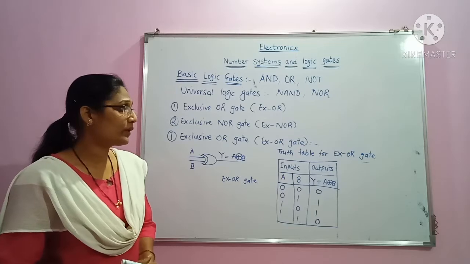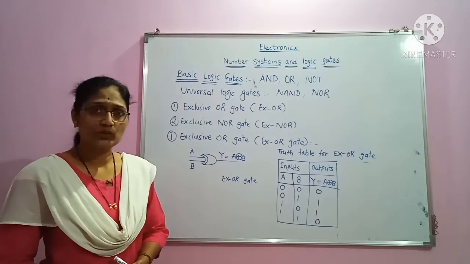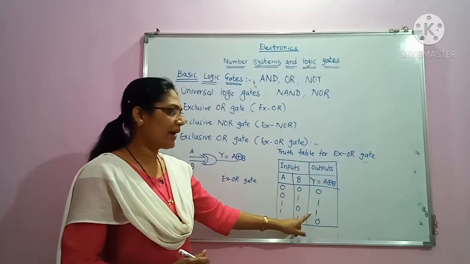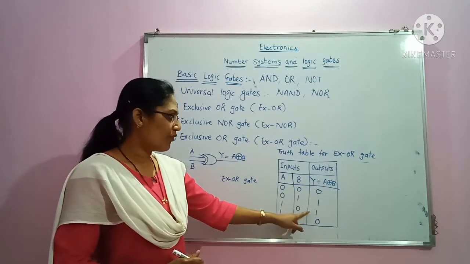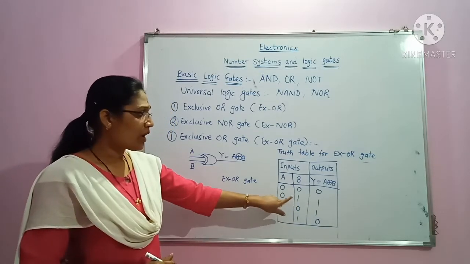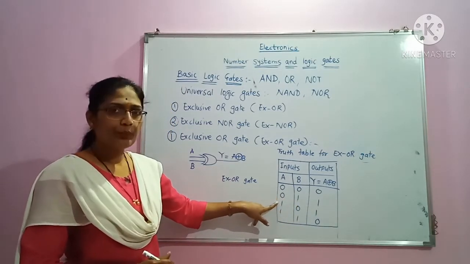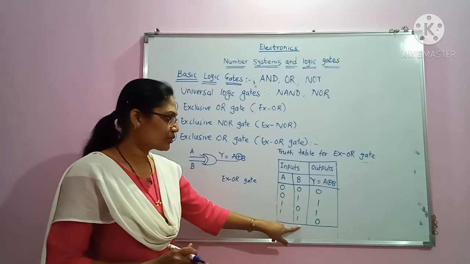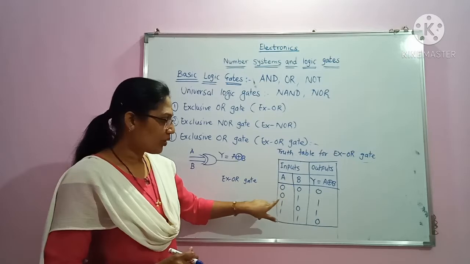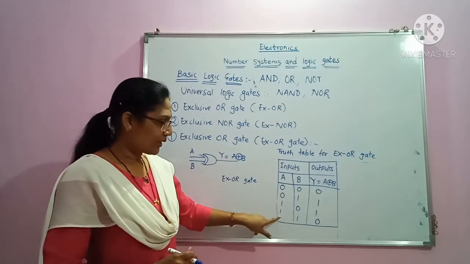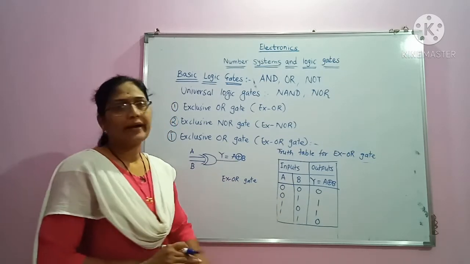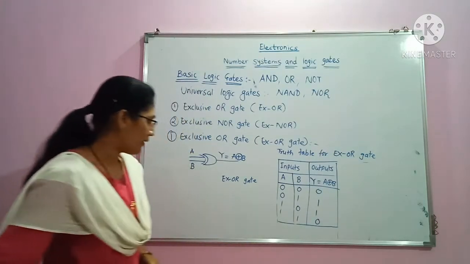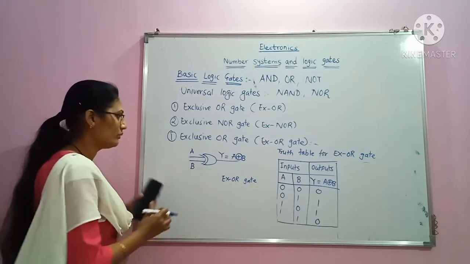So what can one conclude from the truth table of XOR gate? The output of the XOR gate will be at logic 1 when either of its inputs, but not both, are at logic 1 or high state. So I will write here the conclusion.